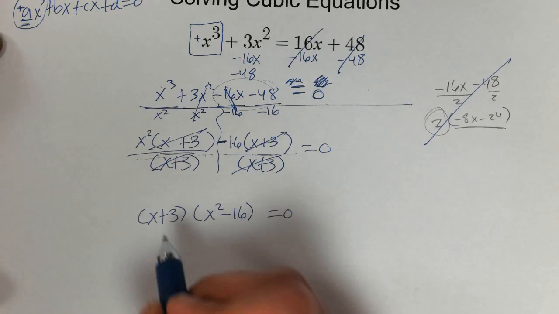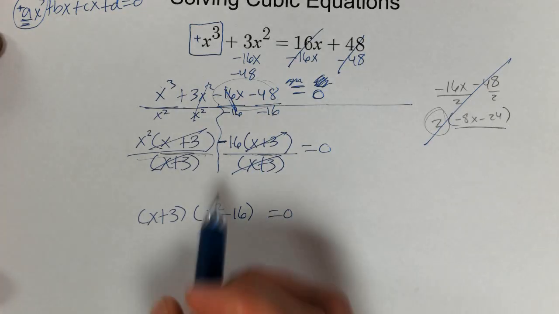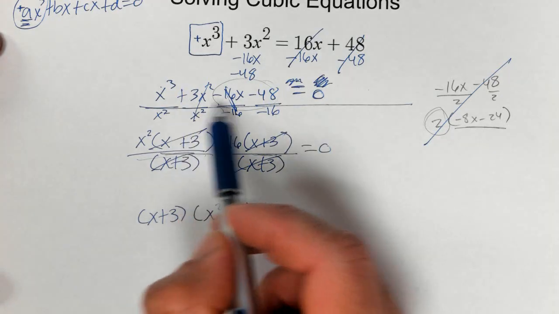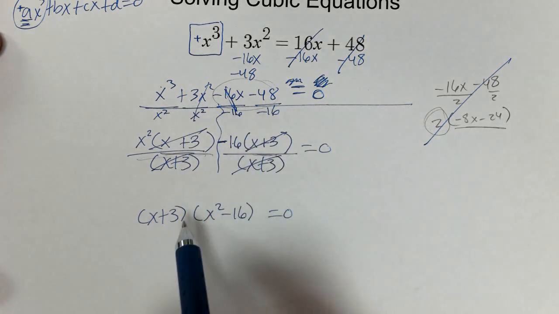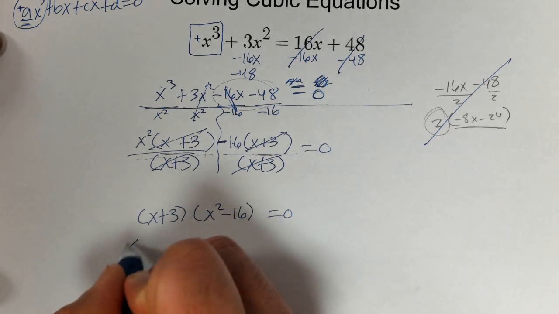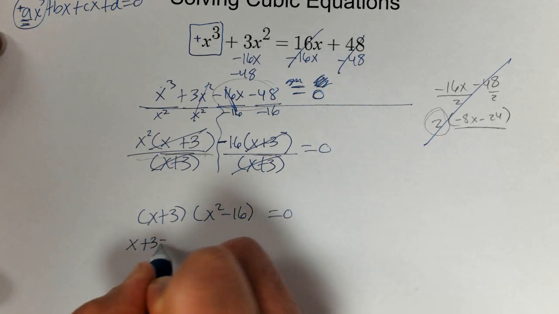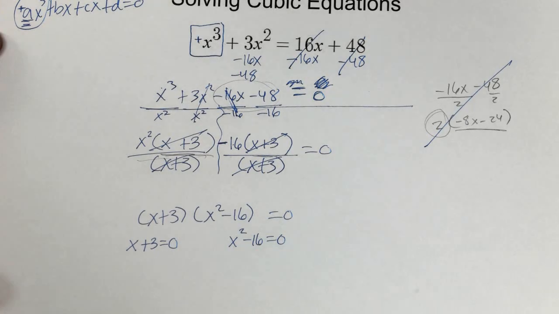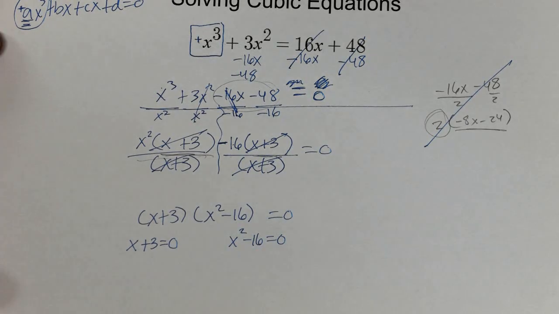I set each factor equal to 0 because now we've been able to separate these. We weren't able to separate the x's here, but through factoring, through grouping, I am able to separate the two factors. So now I can separate them further. X plus 3 equals 0, and x squared minus 16 equals 0.